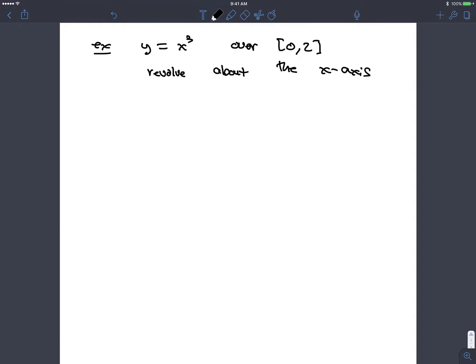So in this example here, we're going to take this curve, kind of the x cubed curve, 0 to 2 again.